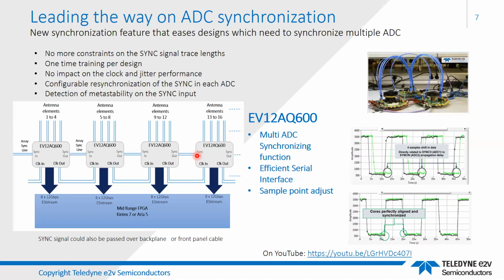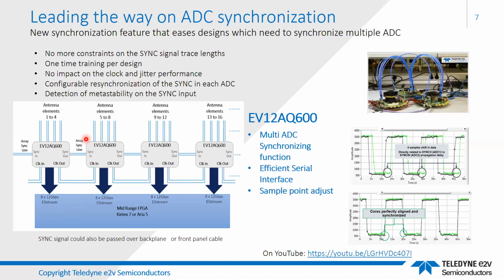And so what we have is a signal that is passed from ADC to ADC. There's a one-time training that sets up all the timing parameters. So there's some internal timing parameters in the ADC, some timing parameters in the EasyStream interface.